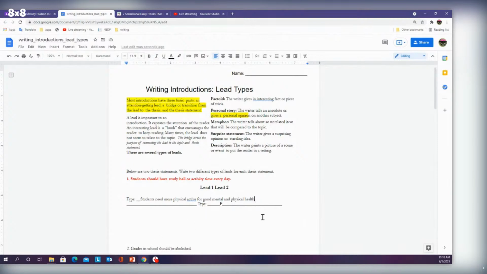And physical well being, because I've already said physical once. Students need more physical activity for good mental and overall well being.